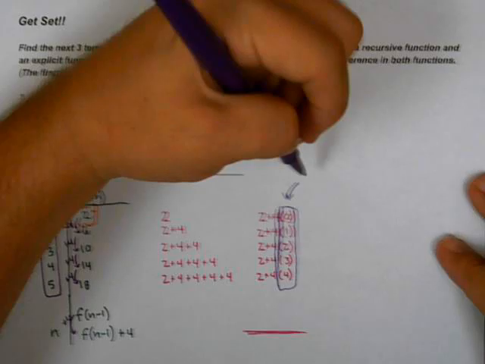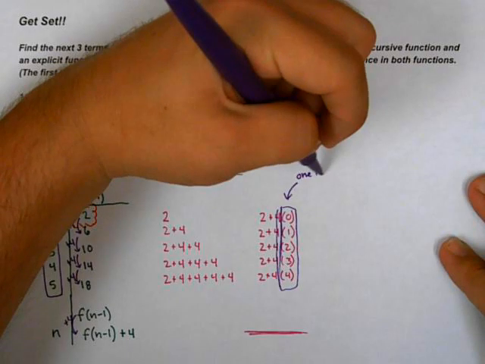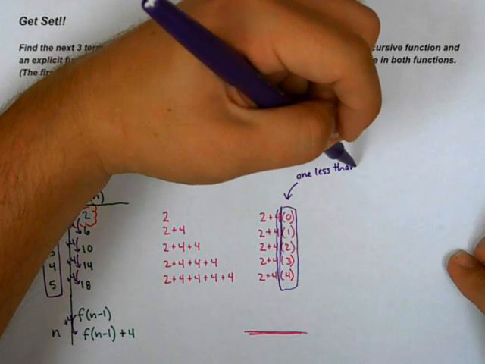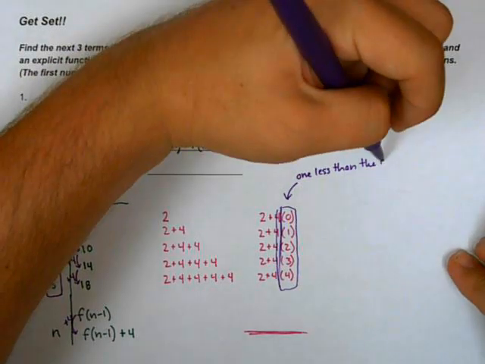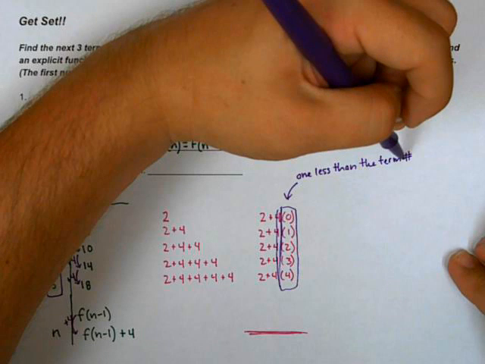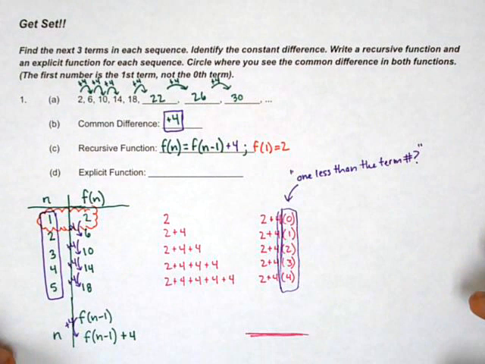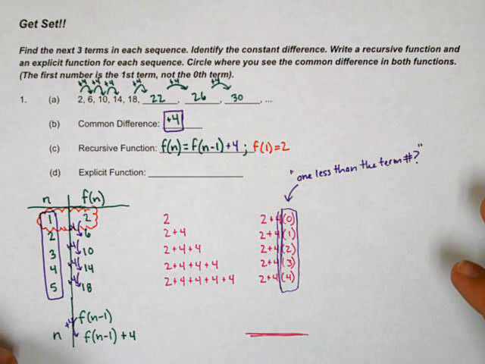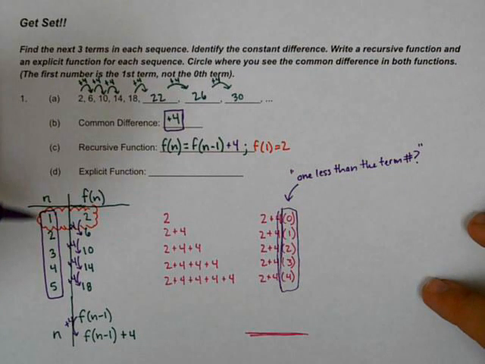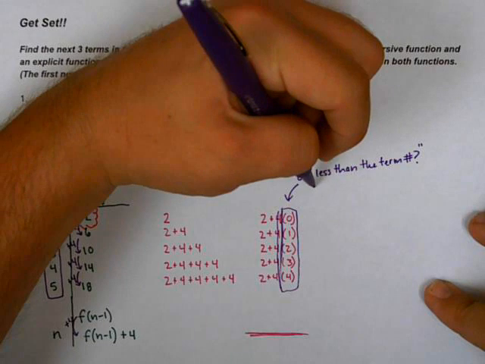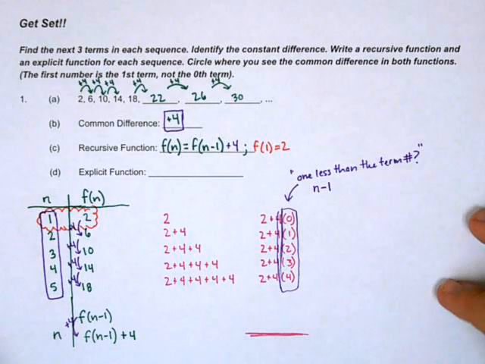And how do we say one less than the term number? How do we say that, but in more mathy language? Well, we've been talking about it in class, so hopefully this idea makes sense. It's just the current term number take away 1.